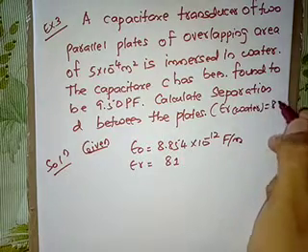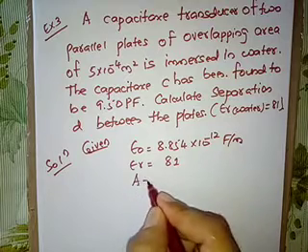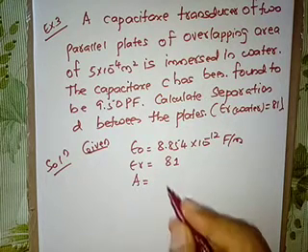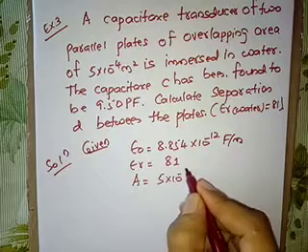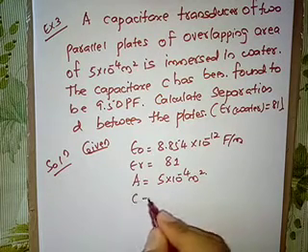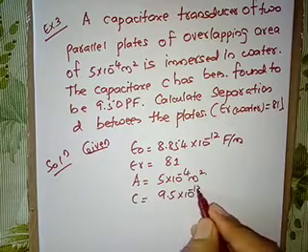Then area of overlap: the overlapping area is 5 into 10 raised to minus 4 meter square. Capacitance C has been found to be 9.50 picofarad, so it is 9.5 into 10 raised to minus 12 farad.